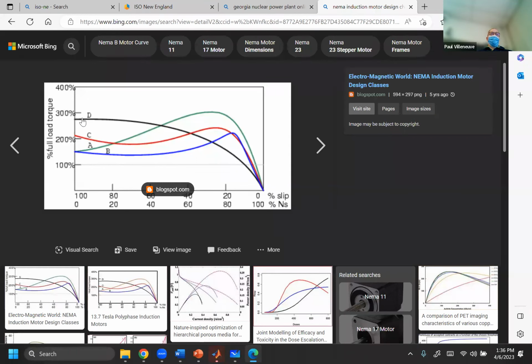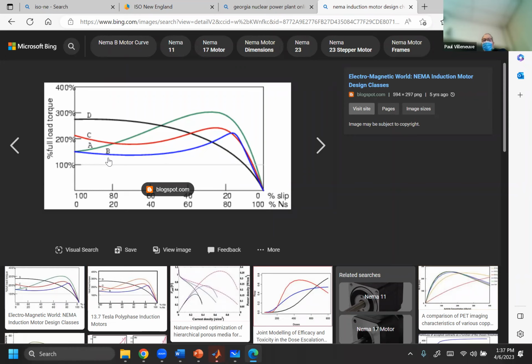And D is when I start out with a maximum amount of torque. So remember that fan application where I've got that fan spinning and I have a lot of inertia? I might want to put a NEMA design D application to get that big mechanical load rotating. But for most purposes, you're going to specify a NEMA design B motor.